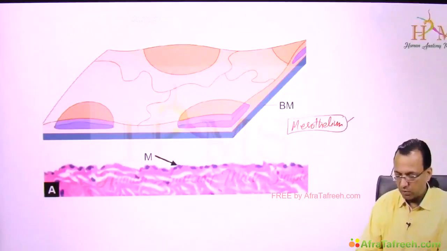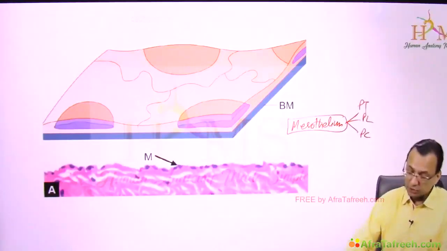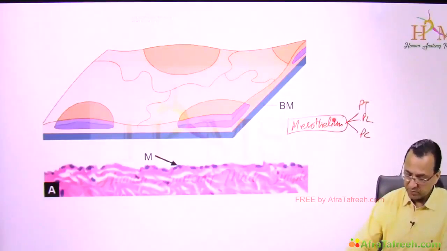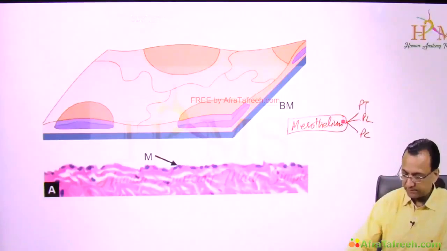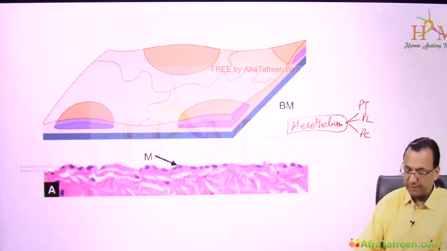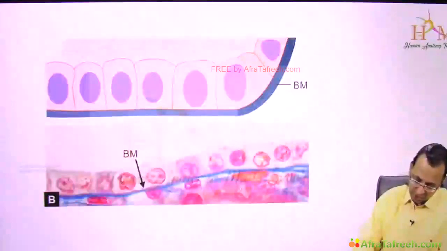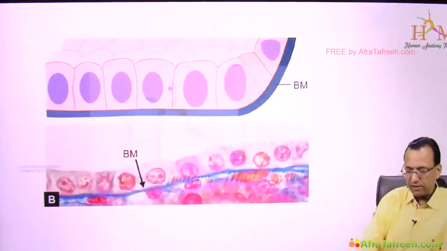We have already discussed peritoneum, pleura, pericardium. So you mean to say peritoneal serosa? Yes, peritoneal serosa. And it could be the pleura, it could be the pericardium also, having mesothelium, which is simple squamous epithelium. And what about the simple cuboidal epithelium? If it's a simple cuboidal epithelium, we'll say central spherical nucleus, height is equal to the breadth of the cell.